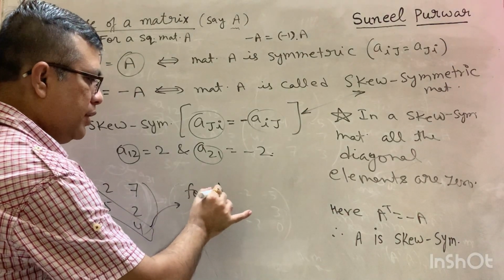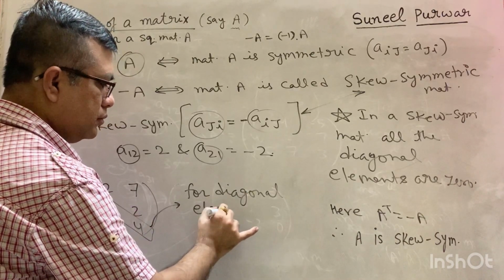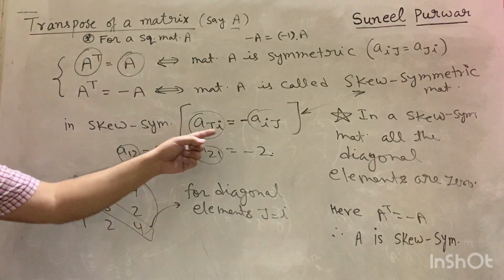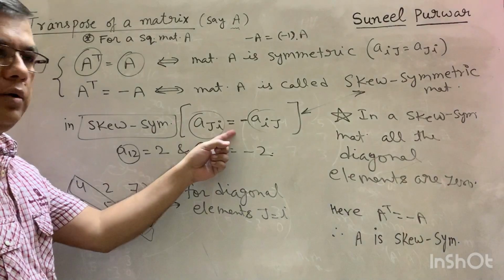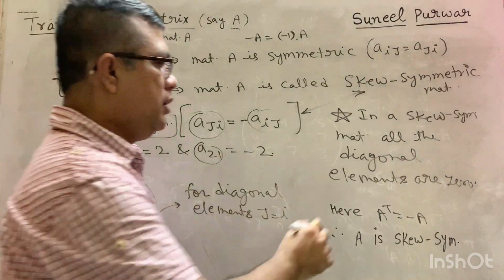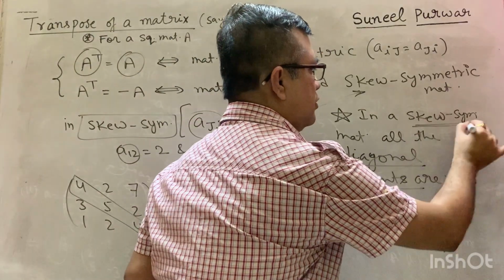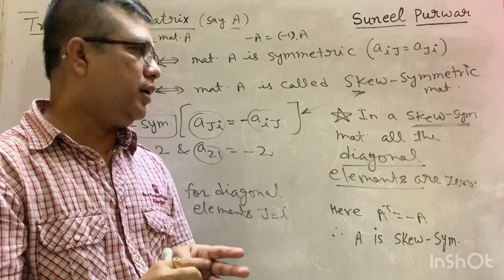For diagonal elements, J equal to I. So as per the property of skew symmetric matrix, this property has been declared only for skew symmetric matrix. Only if a matrix is skew symmetric.